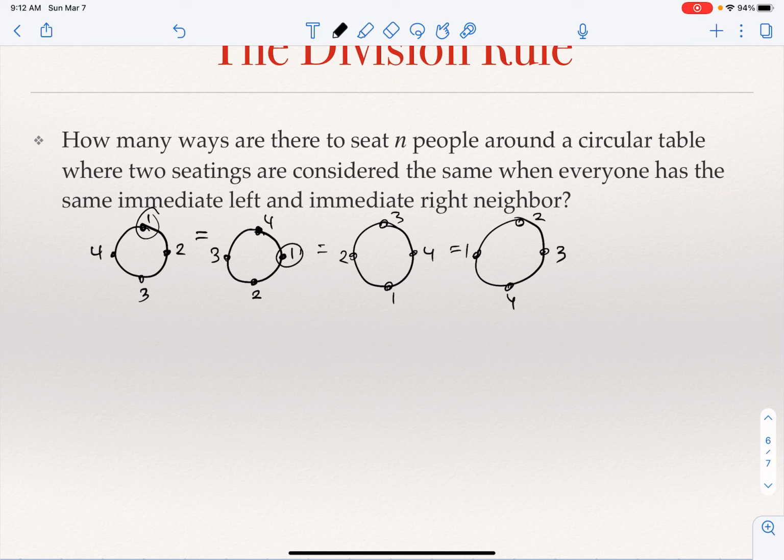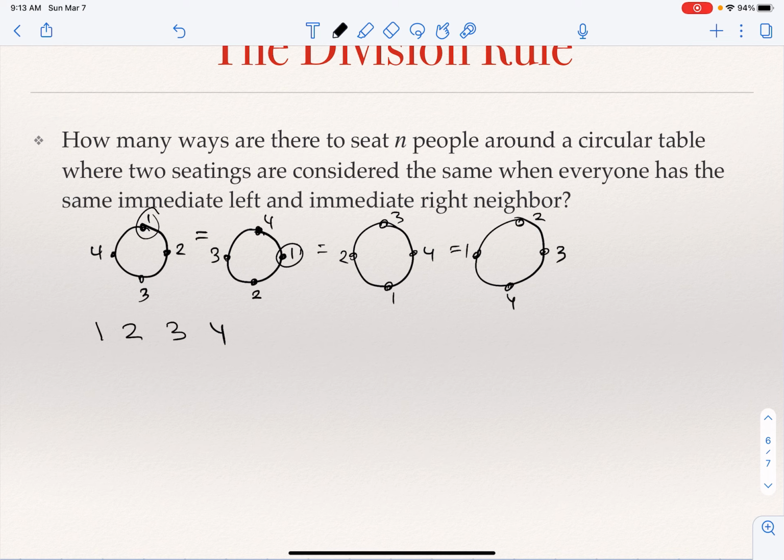When I'm looking at the number of ways I can seat n people around the circular table with this condition, I cannot count them as 4 different ways. So if you look at this problem here, it might be actually challenging to count and reason about this round table. But if you look at this diagram and what I did, you're saying, okay, let me first put these 4 individuals in a row, like 1, 2, 3, 4.